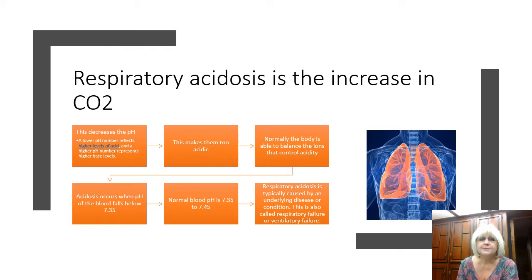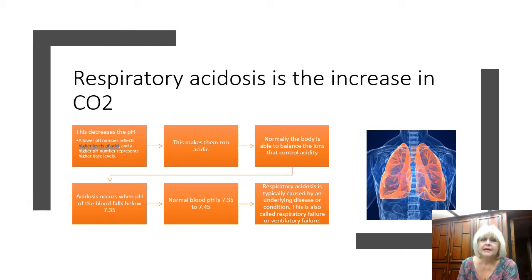Under normal circumstances, our body does a great job of balancing the ions. And since the body does a great job of controlling this, you're probably wondering why we are even talking about it. But there are exceptions. Respiratory acidosis is usually caused by an underlying disease or condition, and these conditions are also referred to as respiratory failure or ventilatory failure.